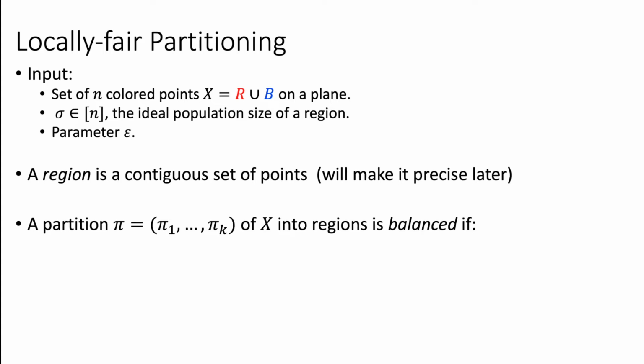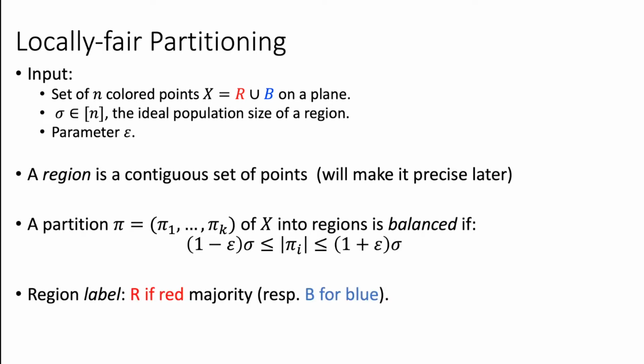And what you want to do is partition your point set into K regions. And each of these regions has to be balanced in the sense that the population of the region has to be within 1 minus epsilon times the ideal population size sigma, and 1 plus epsilon times sigma. And the label of a region is R if the majority of points in the region is red and blue otherwise. So this is the input to the problem.